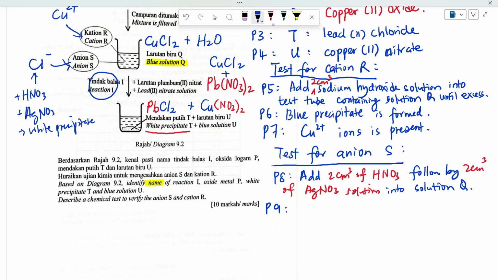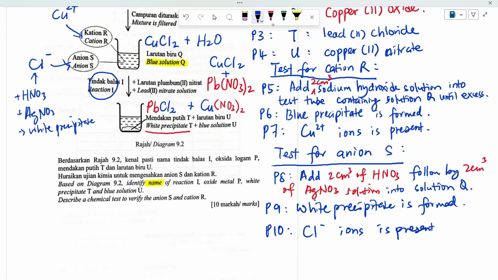Okay, point number 9. What can you observe? White precipitate is formed. Then point number 10: chloride ions is present.